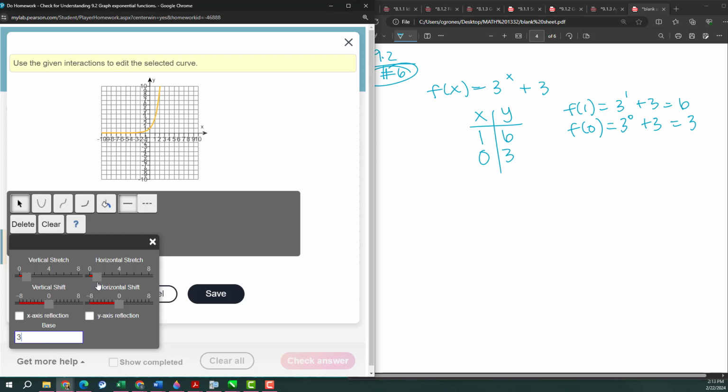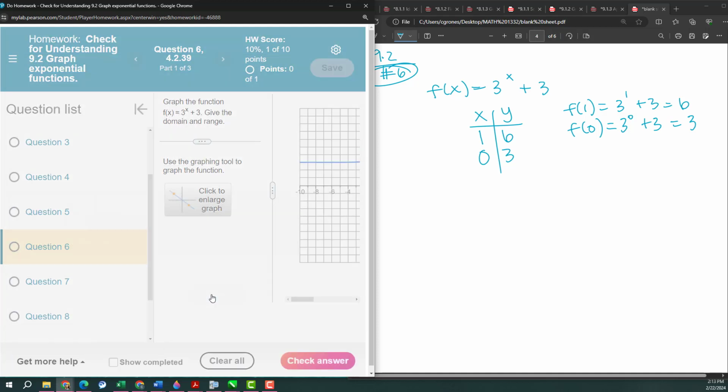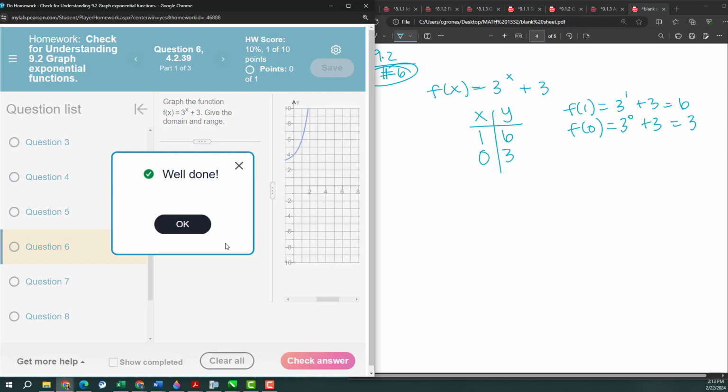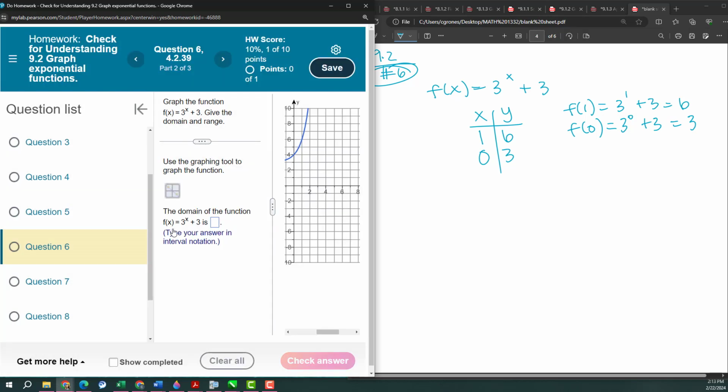We do have a vertical shift, and it is going up 3 points. That is the only thing that's going on. So I'm going to click save, and it looks like everything is good. Great.